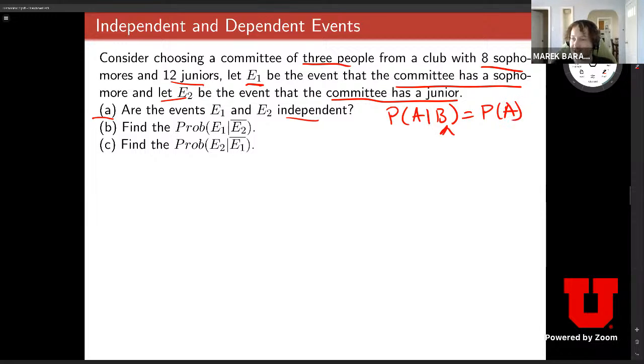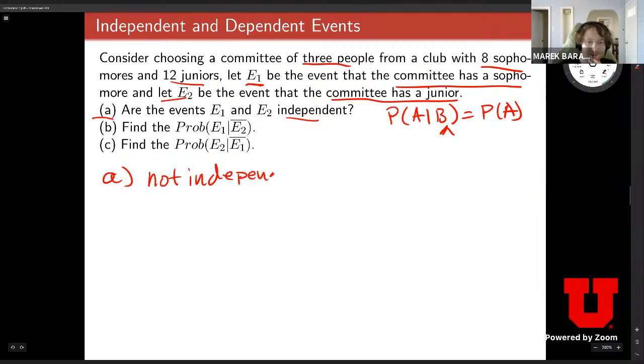Yeah, I'm seeing the answer in chat. Does anyone else? I'll give you a second to think about it. Yeah, I think people think it's not independent.